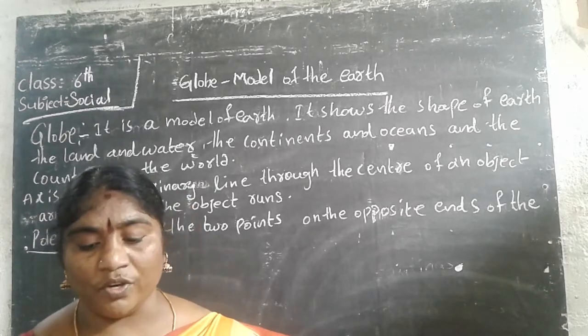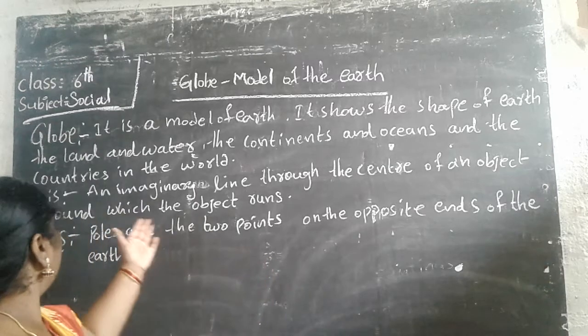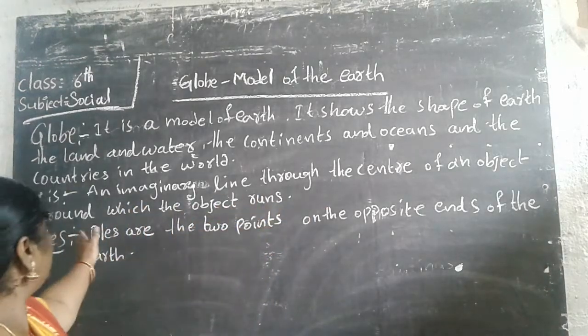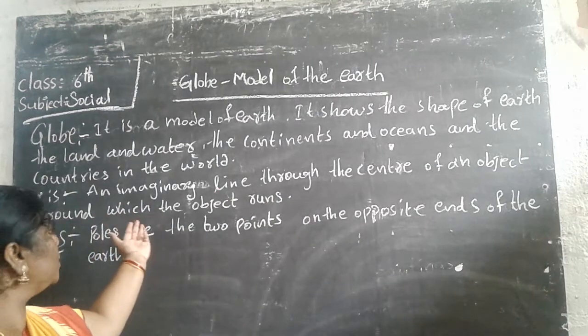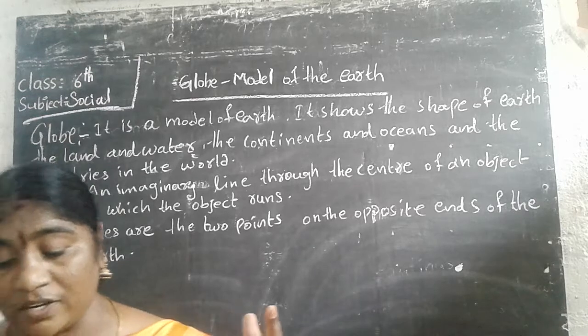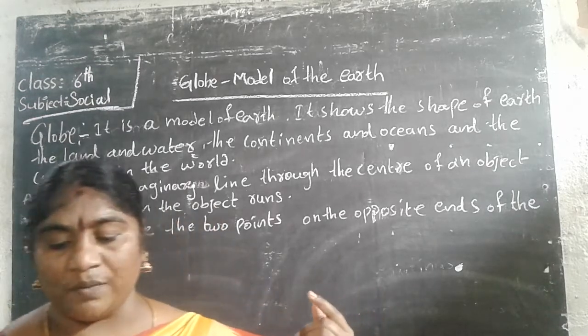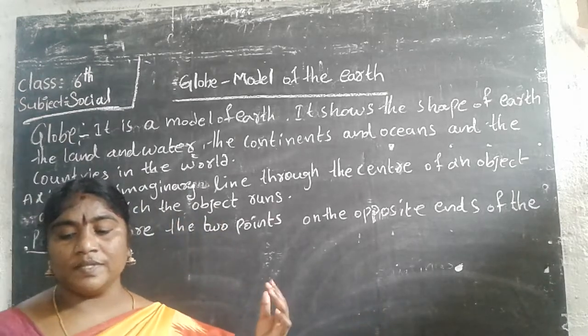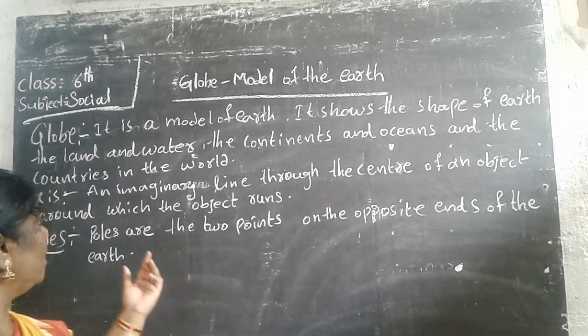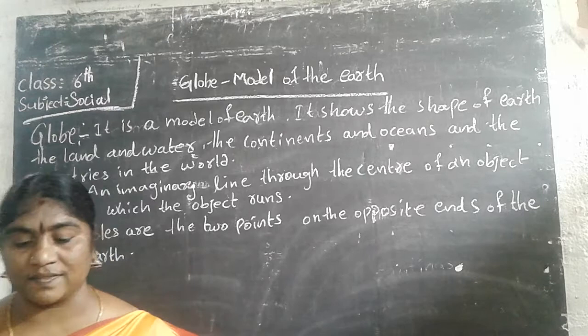Okay, now children, do you know the axis? It is an imaginary line through the center of an object around which the object runs. That is called the axis.